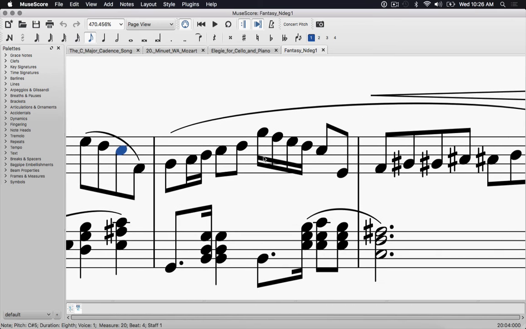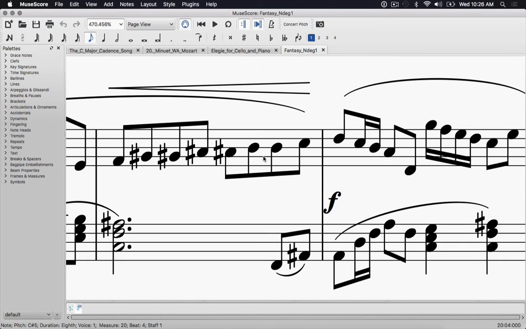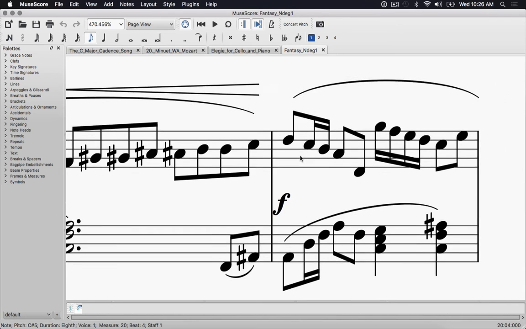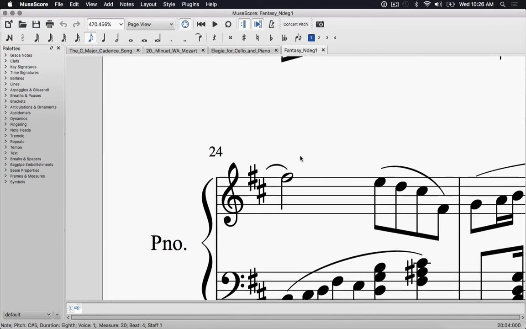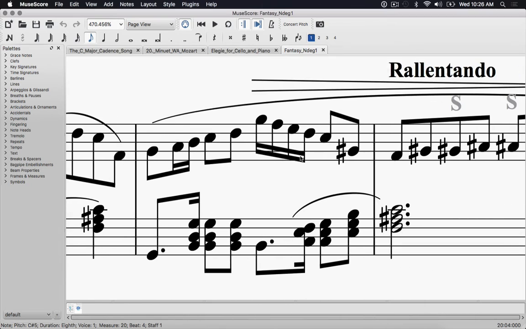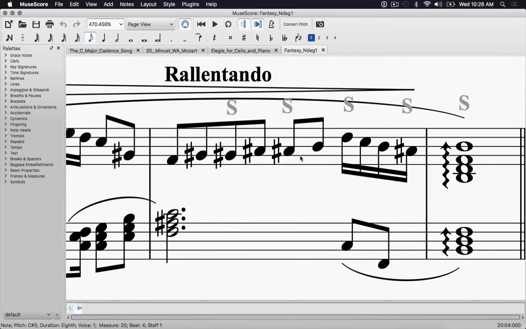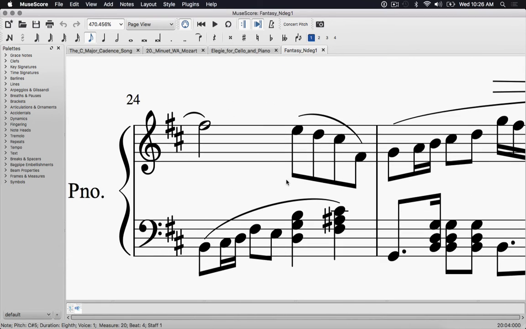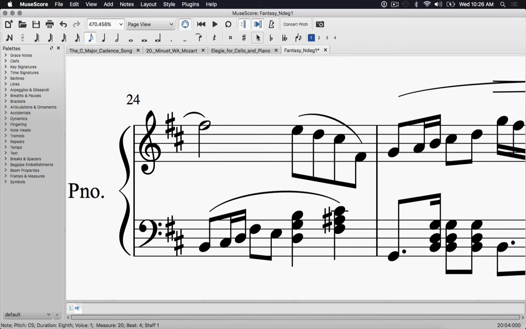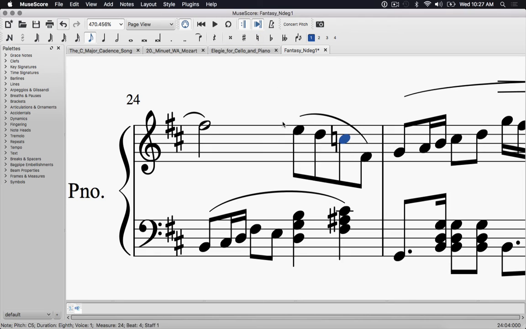All right, so let's move forward. We can still change notes. We can still add stuff. Let's see if we can find a natural somewhere. Nope, no naturals here. But you might see sometimes a natural. Let's just add one. Let's say here. Okay. If we saw this, this natural sign would be used here to tell you to ignore the key signature, right?